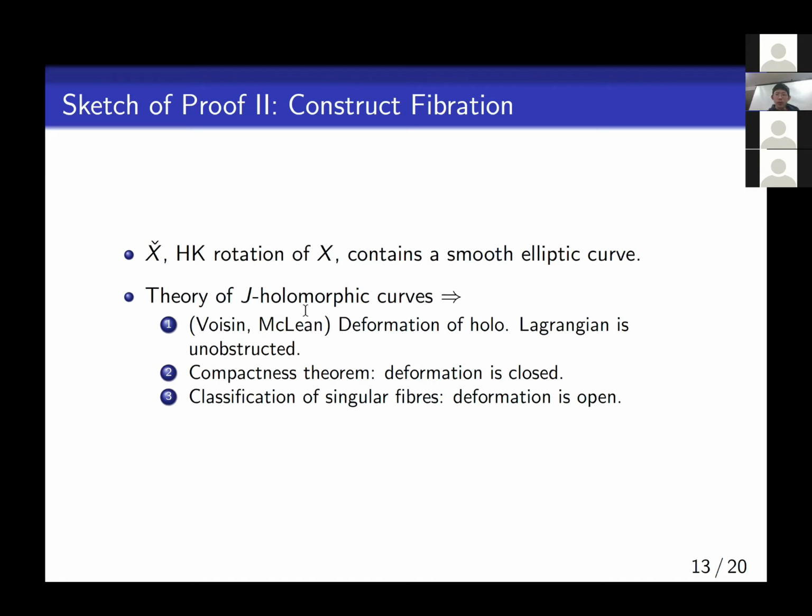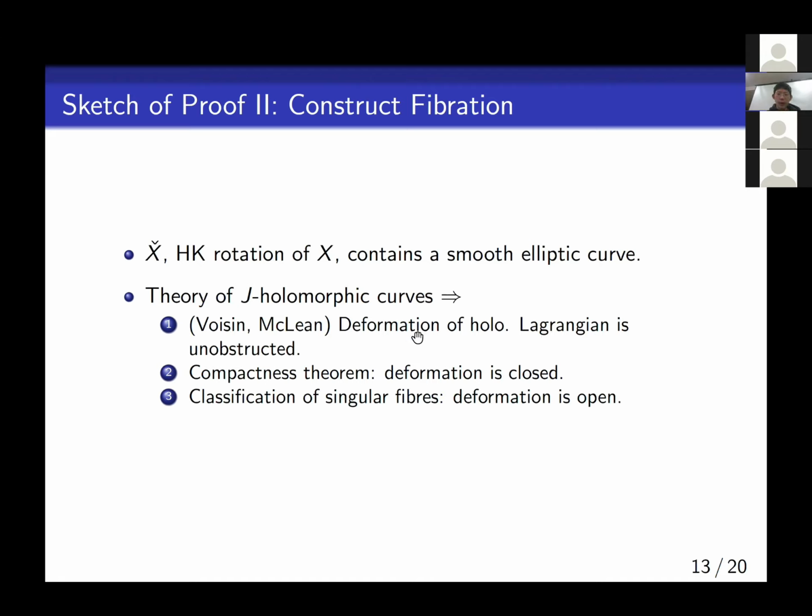And so when it is smooth, the work of Wilson and McLean shows that the deformation of holomorphic Lagrangian, in this case the smooth elliptic curve, is unobstructed. So near a smooth elliptic curve, the deformation is nice.